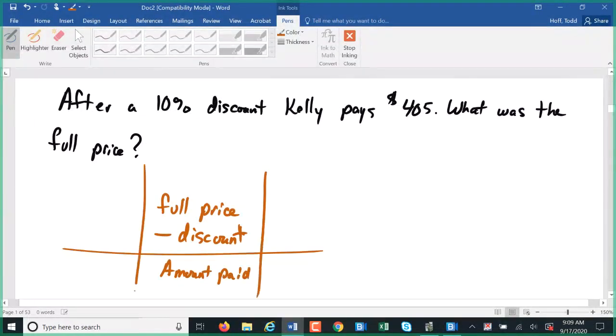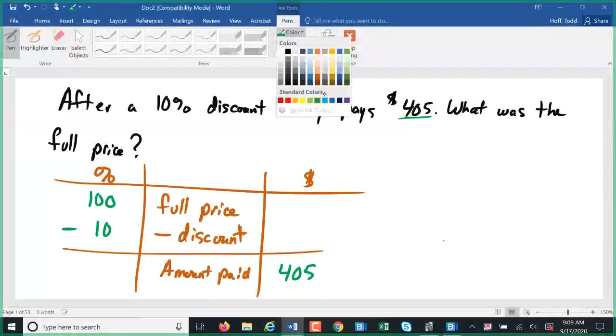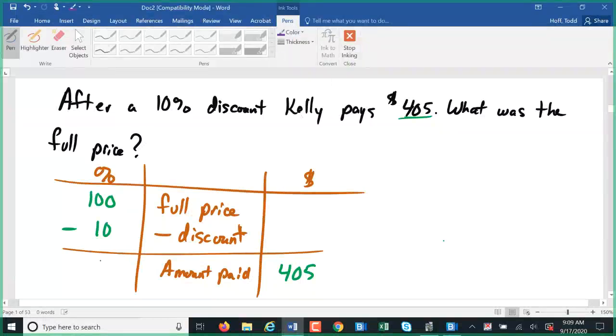And again, each of these items is represented by two numbers. One is a percent, and again, this one is a dollar amount. The $405 represents the amount paid. The full price, though, is the base amount, so that's the 100%, and we have a discount of 10%. Well, we subtract the discount, so we do 100 minus 10, the amount paid is 90%. So what we're really working with here is 90%.